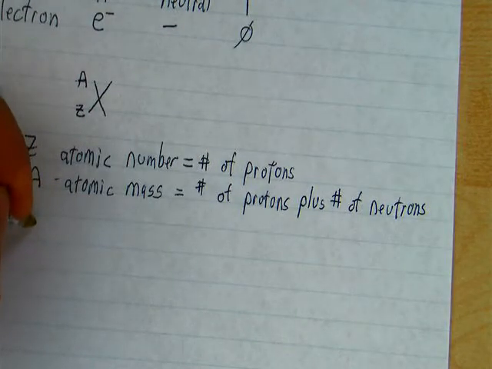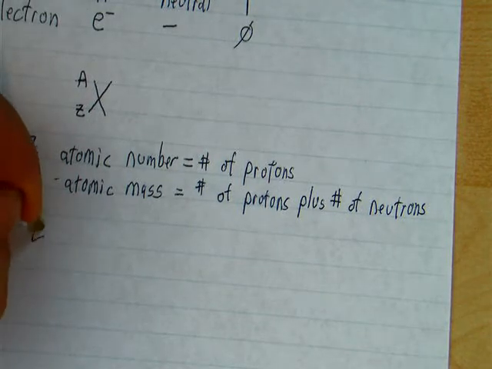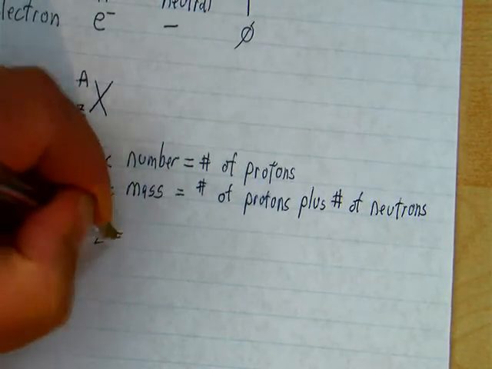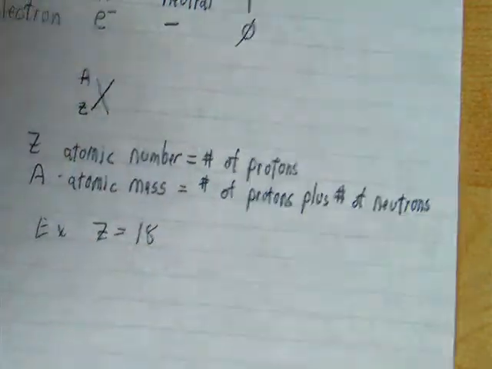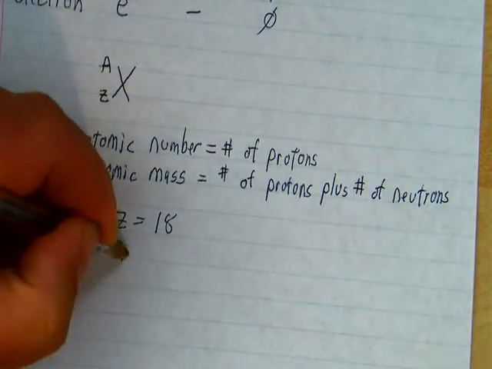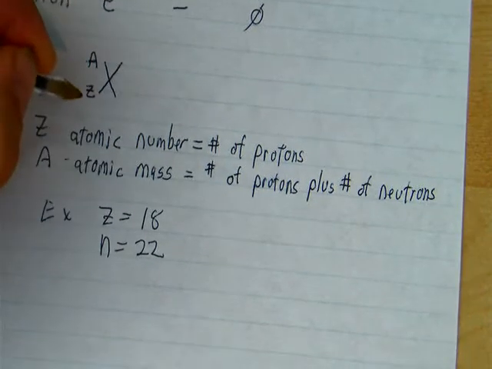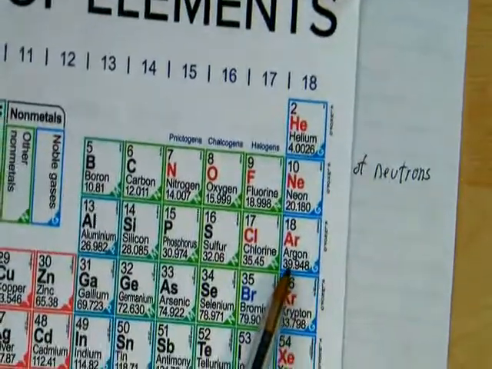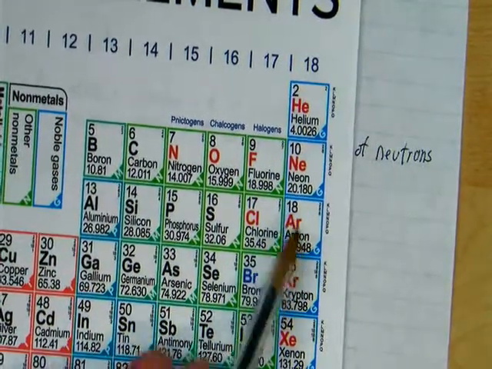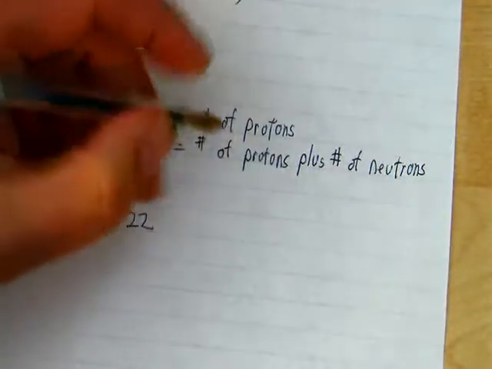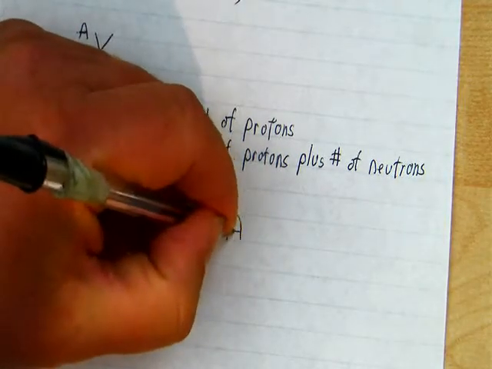So as an example, if I had 18 protons and I had 22 neutrons, then the 18 tells me it must be argon. Only argon has 18 protons. So this is Ar.